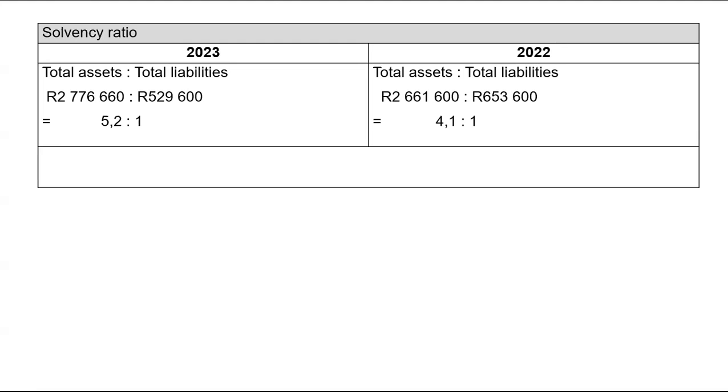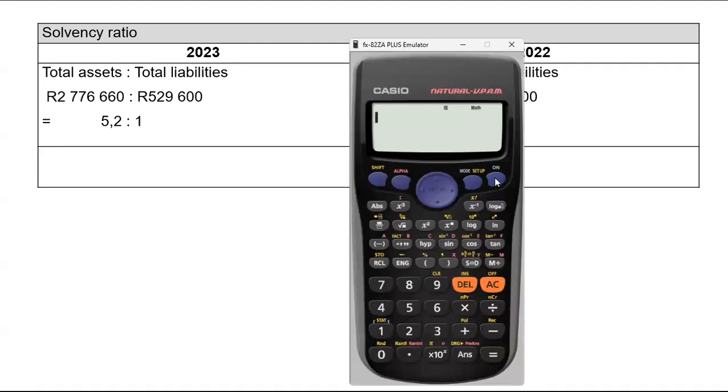I took that 2,776,660 and divided that by 529,600, and that will give us 5,2.